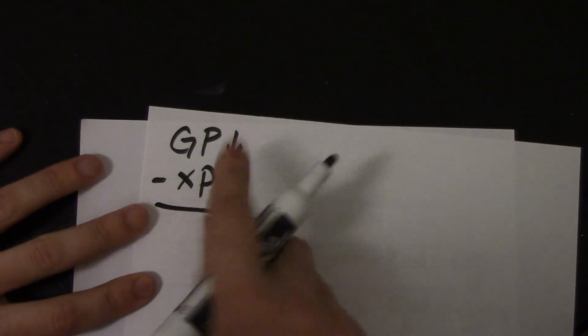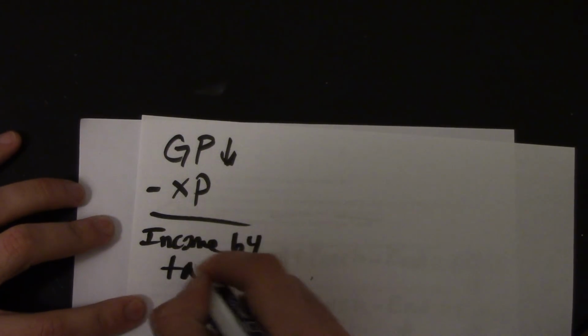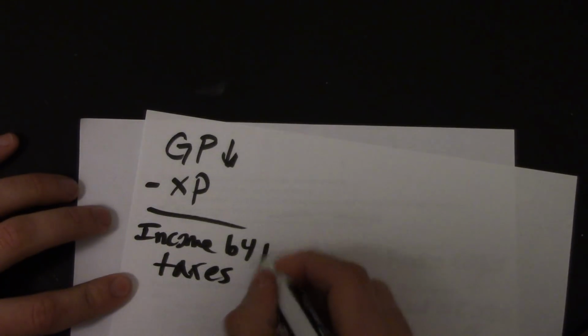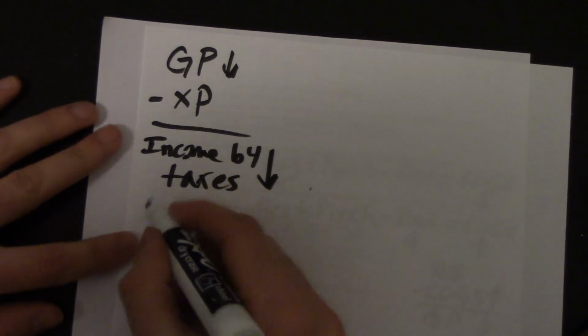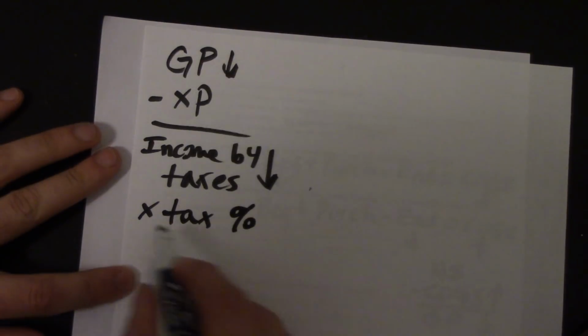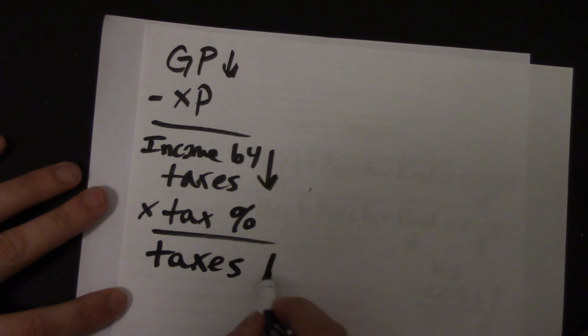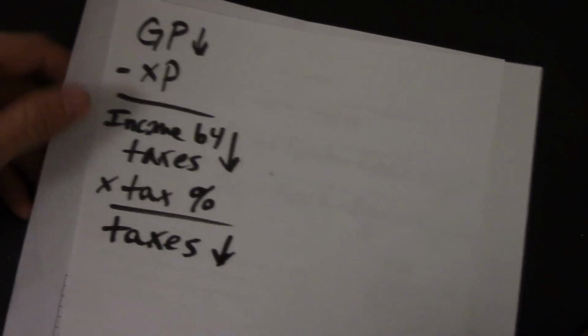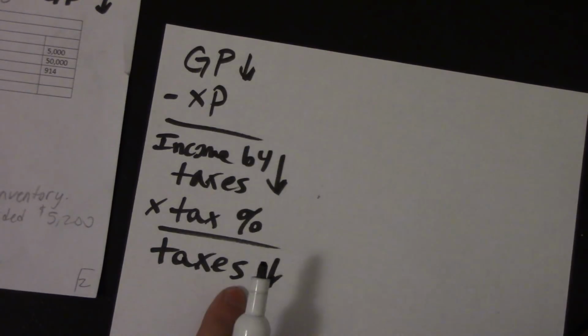If our gross profit is small, our income before taxes is also going to be small. If our income before taxes is small, when we multiply it by our tax rate, our taxes are also going to be small. So if our ending inventory is understated, our taxes will also be understated.